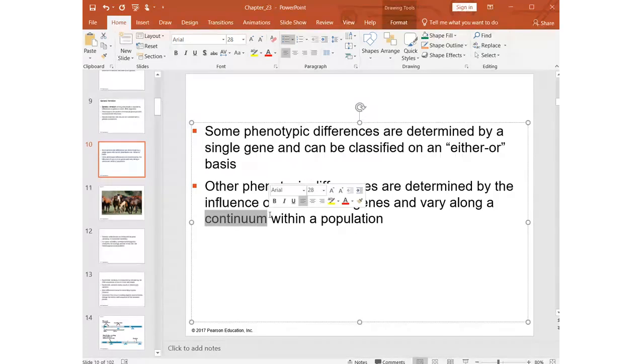Your height is controlled by genes, but the height of people varies along a continuum as well. The shape of your nose varies along a continuum. The shape of your ears varies along a continuum as well. So there's a few different types of inheritance, then, a few different types of phenotypes.